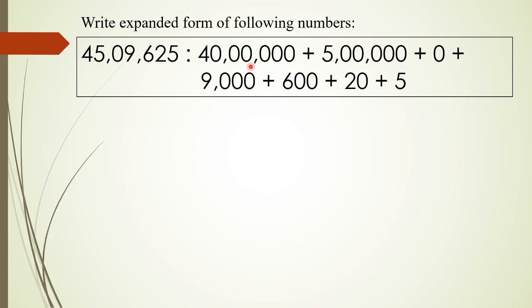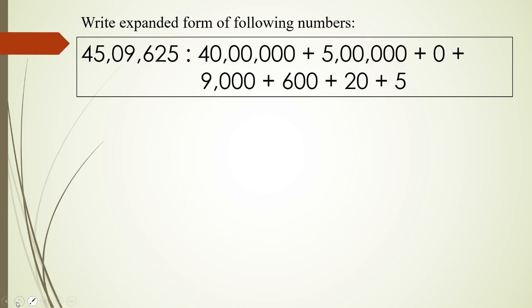So 40 lakh is here, plus 5 lakh is here, correct, plus 0, this 0, plus 9,000, the place value of this 9, then the place value of 6, 600, the place value of 2, 20, and the place value of 5 is 5. So this is correct.